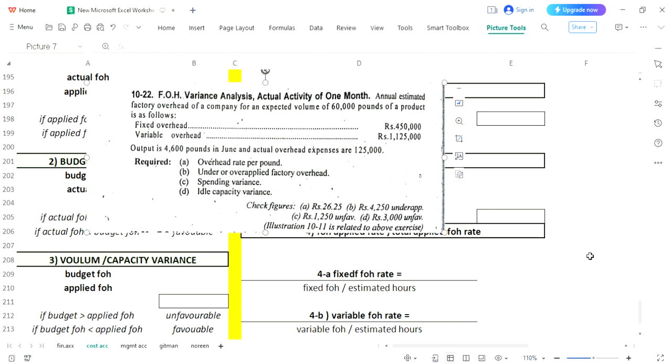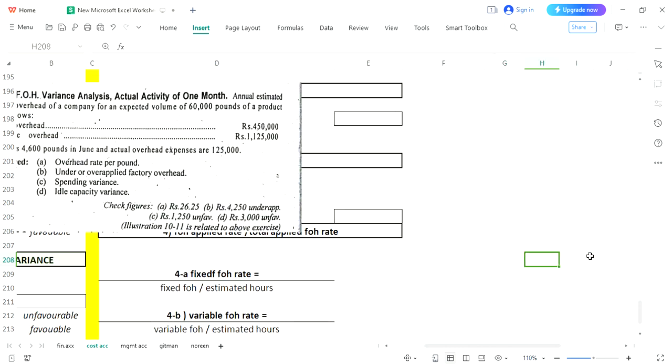Alright, so come over here, and what you are going to do is change your expected hours. Expected hours are given over here, and they are annual. That means 60,000 units are given annually. You will divide it by 12, with which you will get your expected volume per month.